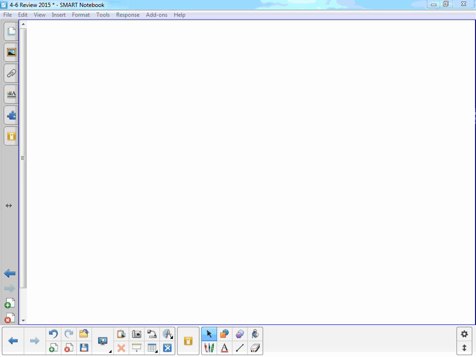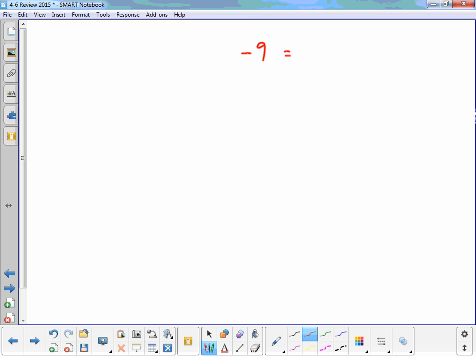So I'm going to start off. I actually have my Excel open and I'm doing the very first problem. The first problem says the slope is -9.